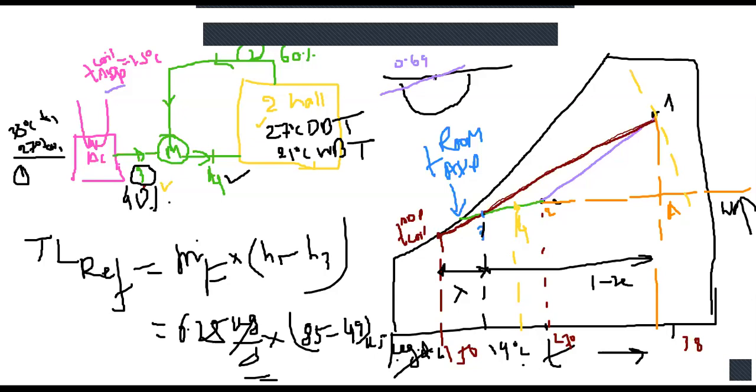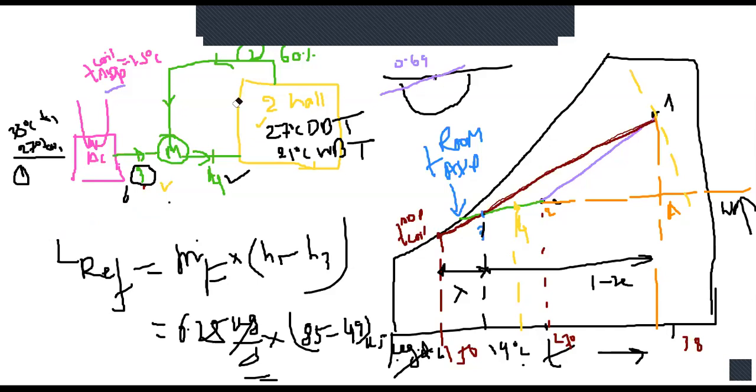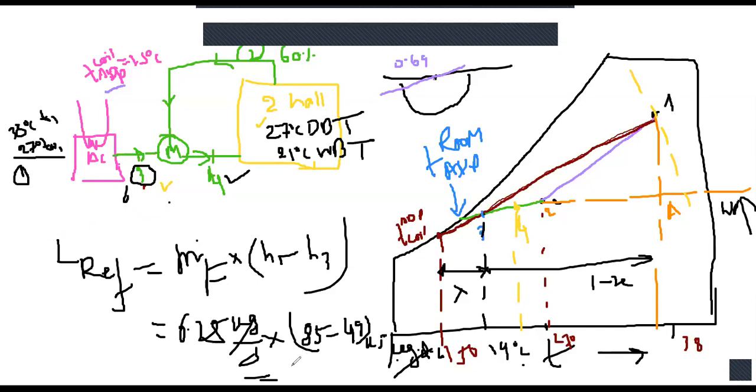The value is 225 kilojoule per second. That means 225 kilowatt.